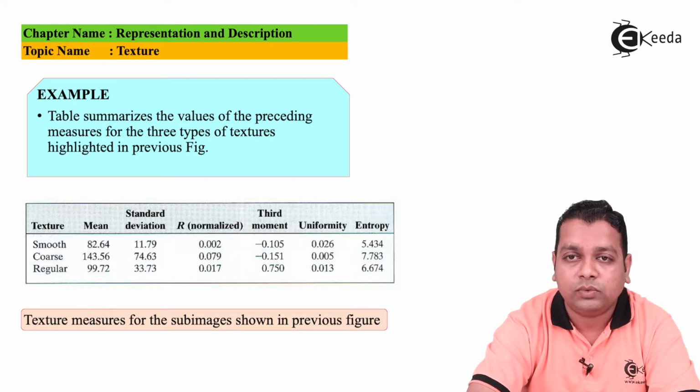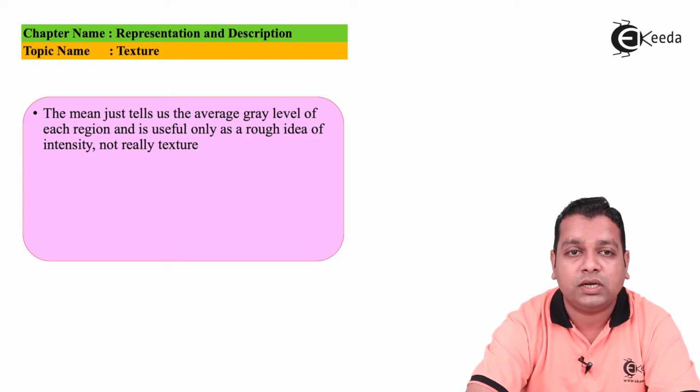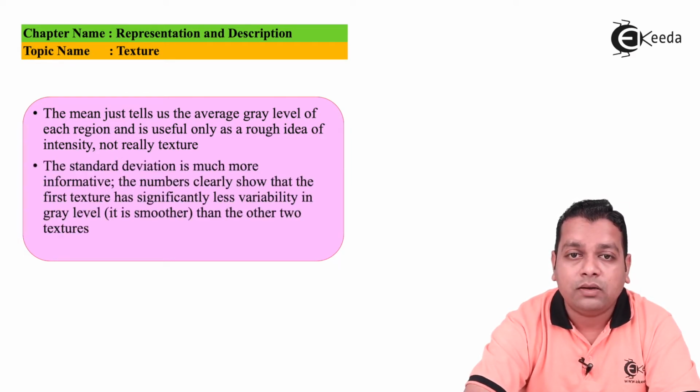Looking at these values, we must conclude that the entropy, showing the variability in the image sample, is greater for the coarse texture shown in figure B. Now we go back to the mean, which just tells us the average gray level of each region and is useful only as a rough idea of the intensity, not really the texture. The standard deviation is much more informative. The numbers clearly show that the first texture has significantly less variability in gray level, that is, it is smoother than the other two textures.